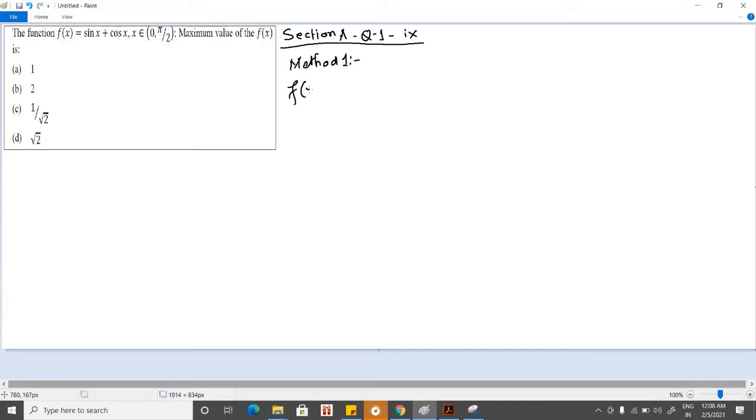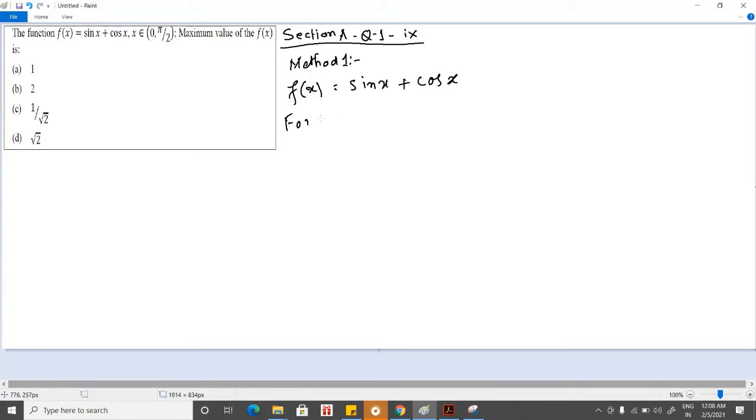We have f(x) equals to sin x plus cos x. Now, according to the rules of maxima minima, if you want to find out the maximum or the minimum value of any function, we first of all differentiate that function with respect to x and we equate it to 0.